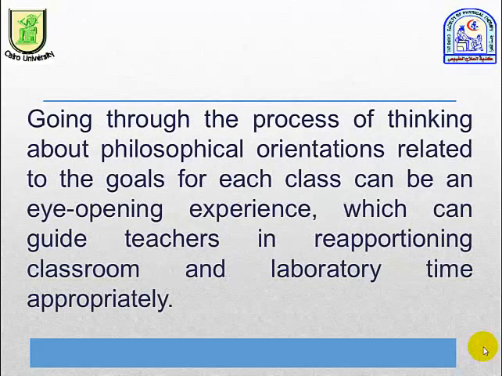Going through the process of thinking about philosophical orientation related to the goal for each class can be an eye-opening experience, which can guide the teacher in preparing for the classroom and laboratory time appropriately, according to the student type, which theory he is going to apply in this class, or the proportion for each theory, and so on.